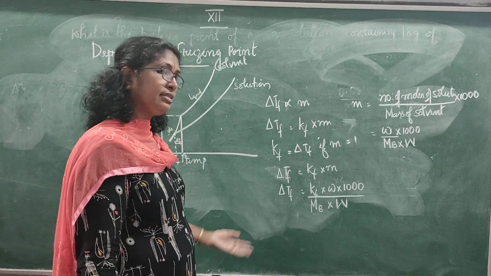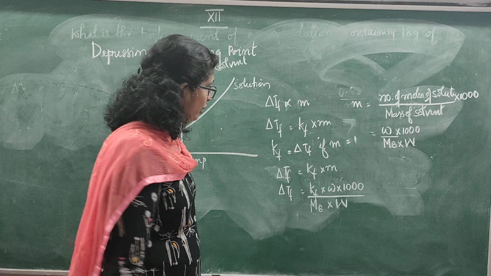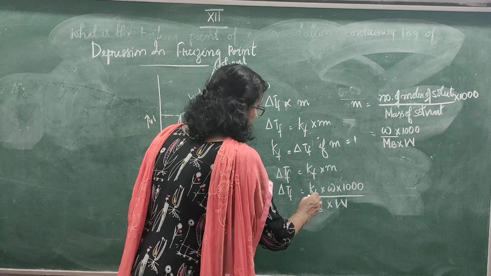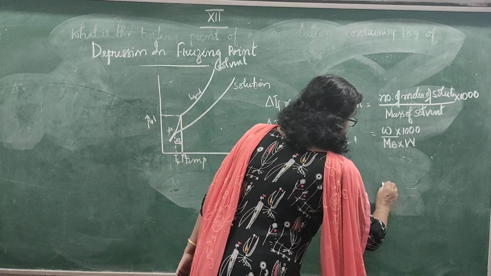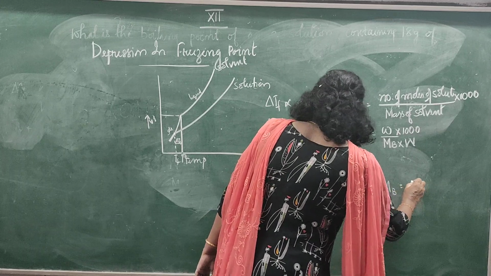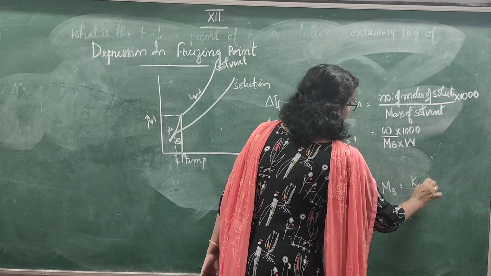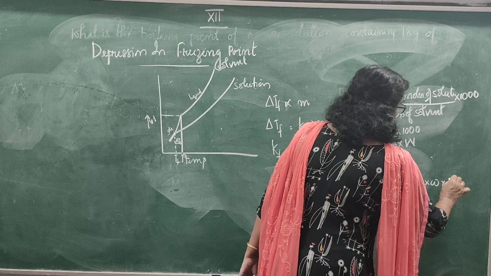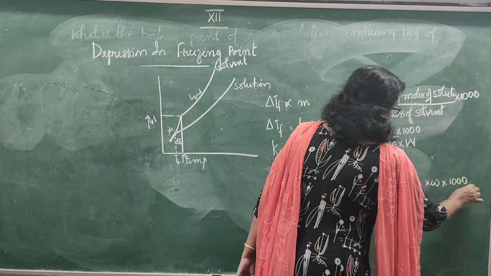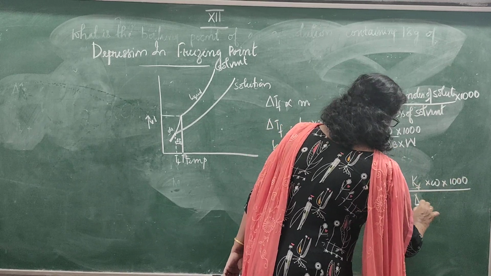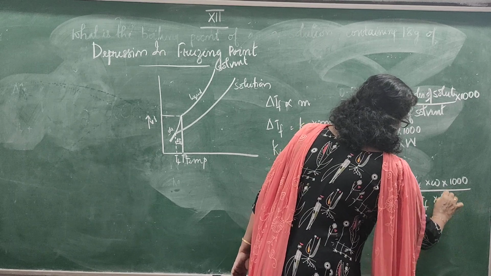And as this is also a colligative property, you can calculate the molecular mass of the unknown solute. That is Mb is equal to Kf into small w into 1000 divided by delta Tf into capital W.